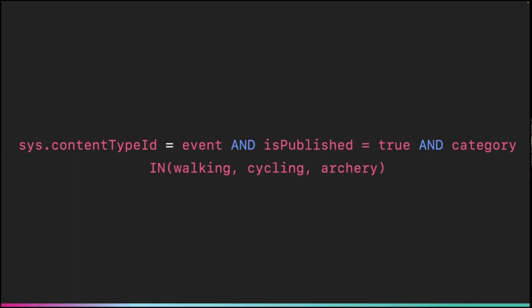So here we've got where the content type ID equals event and is published equals true. But also those events can only be in the categories walking, cycling, and archery. Well, that will be possible once we introduce ZenQL and add it to our entry pickers. You'll be able to scope the content that is returned in that entry listing.